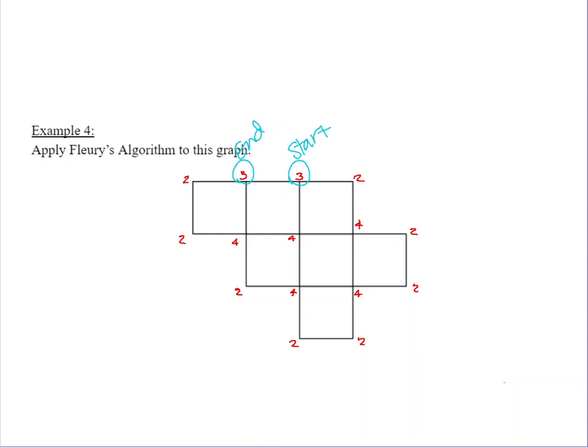So I'm going to go ahead and start making my path. I choose to go this way first, then here, and here. I'm forced to go back around here. So far, I haven't had a situation where I've encountered a bridge. I'm going to keep going. I'm going to go this way.